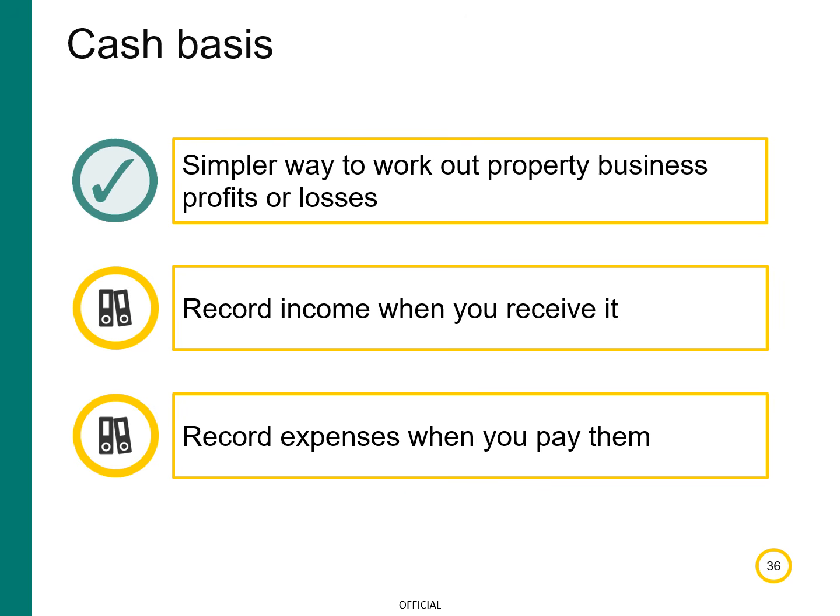Cash basis is a simpler way of working out your profits and losses for property businesses with straightforward tax affairs. Record your income when you receive it and your expenses and deductions when you pay them. You may have heard about changes to the rules for using cash basis. These new rules only apply to sole traders and partnerships and do not apply to cash basis for property income.